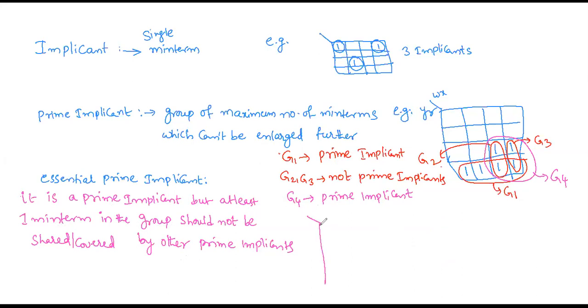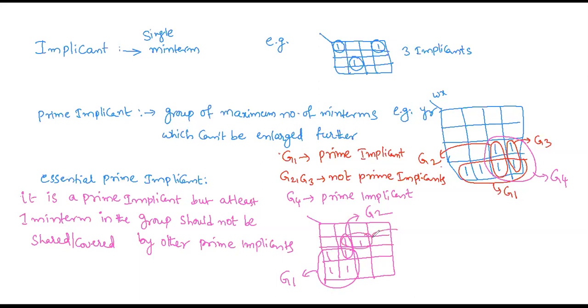Now we will see one example. Take a 4 variable K-map. Here, if the minterms are like this, you can form one group with these 4 minterms, G1, one group with these 2 minterms, G2, and one group with this single minterm, G3.